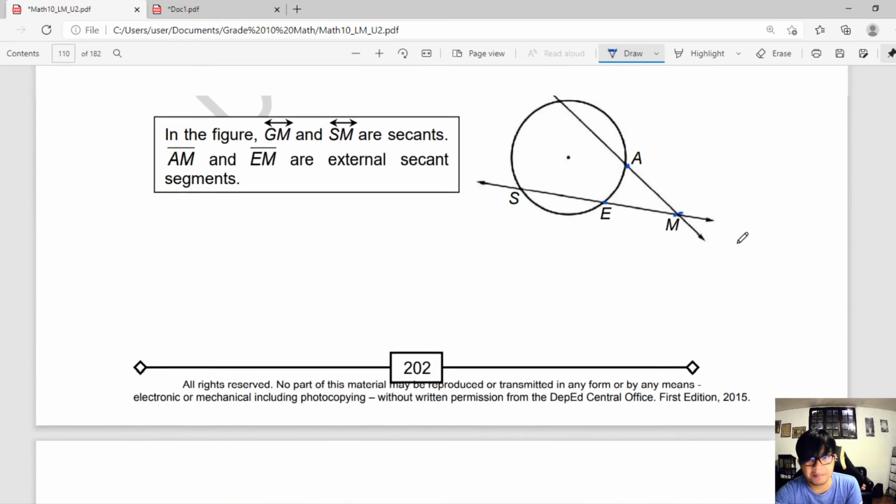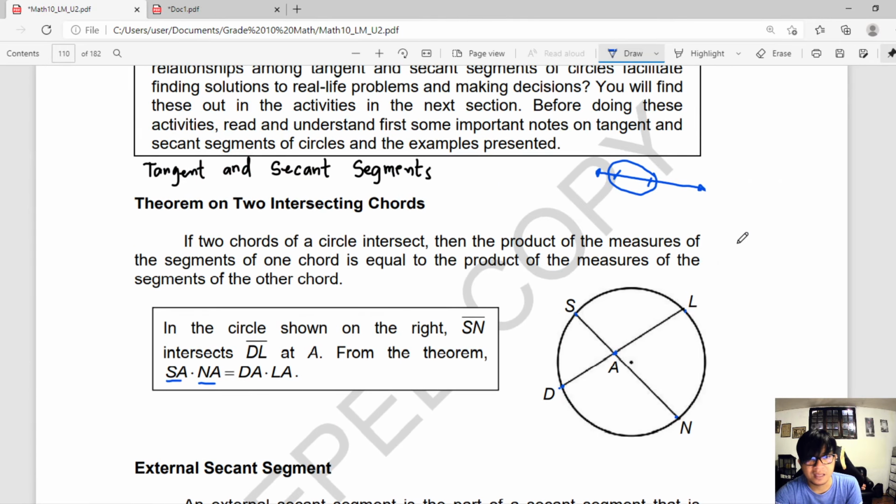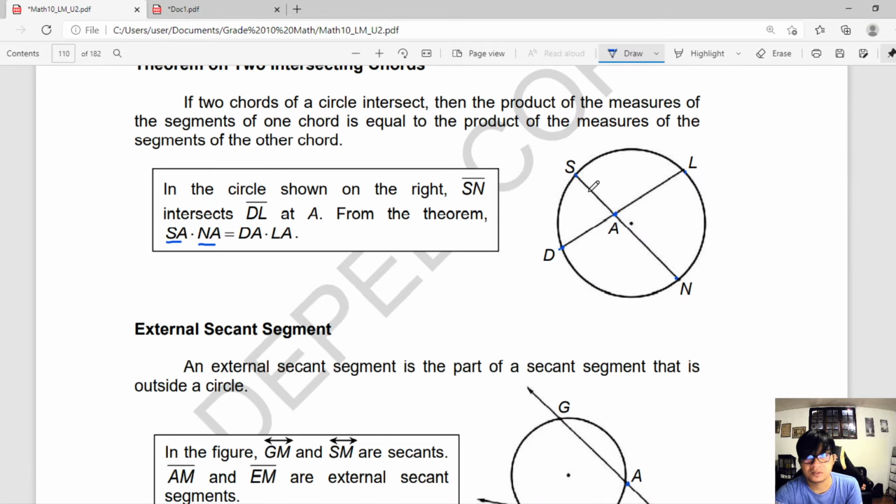So, i-remember na lang natin itong mga theorem. Kung dalawang chord na intersect, ang gagawin nyo, yung segment nila, the product of their segments are equal. So, itong SA times NA is equal to DA times LA.